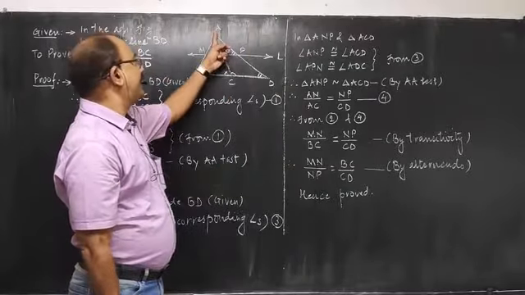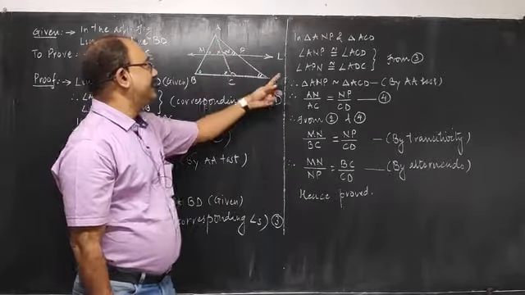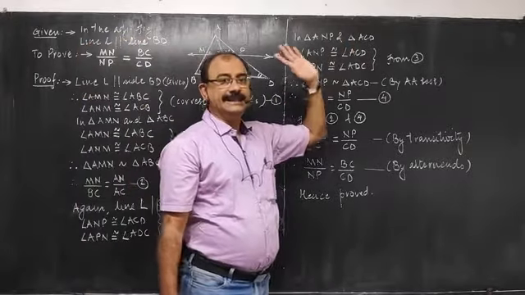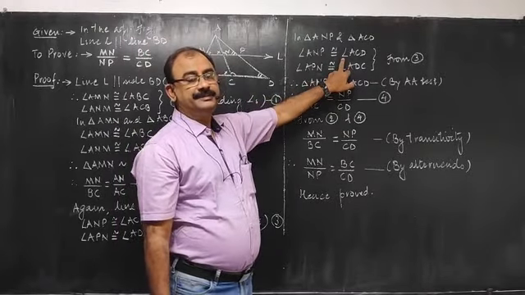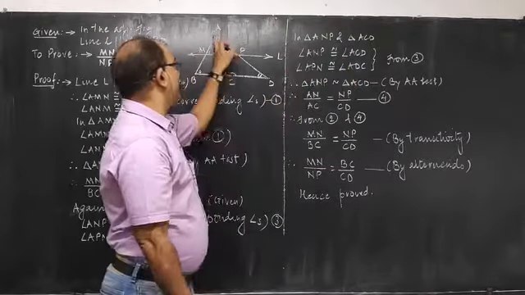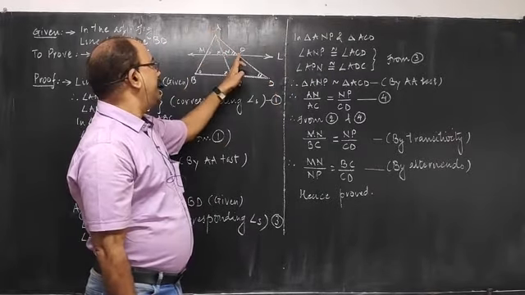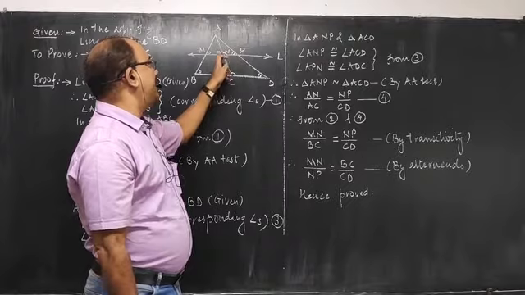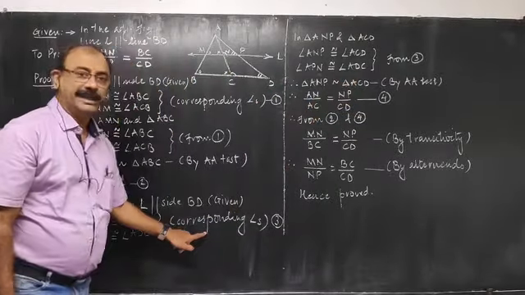So I am taking triangle ANP and triangle ACD. These two angles are congruent: ANP is congruent to ACD. Then APN is congruent to ADC, which we have already proven in statement 3.